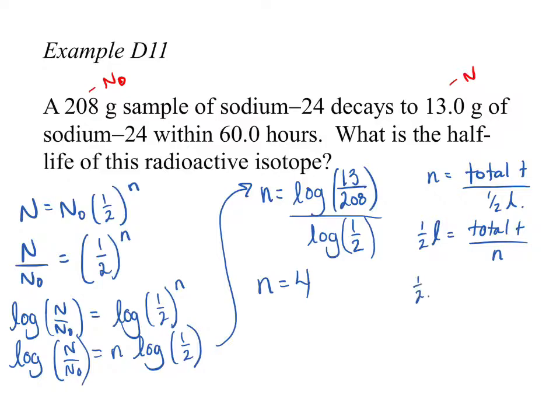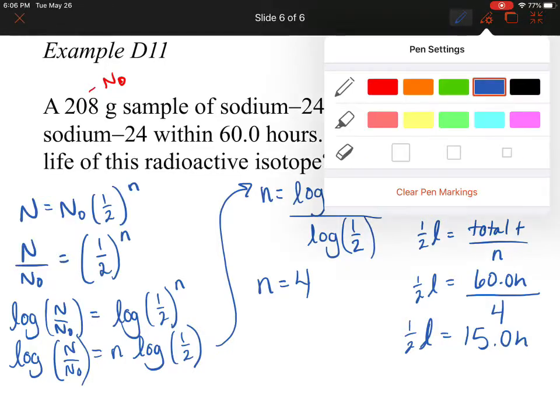Okay, so our half-life should be, well, remember 60 hours passed. And our n we found out was 4, so therefore our half-life is, that's a loopy L, it just didn't work out. Our half-life is 15. And I guess I should put 15.0 hours.